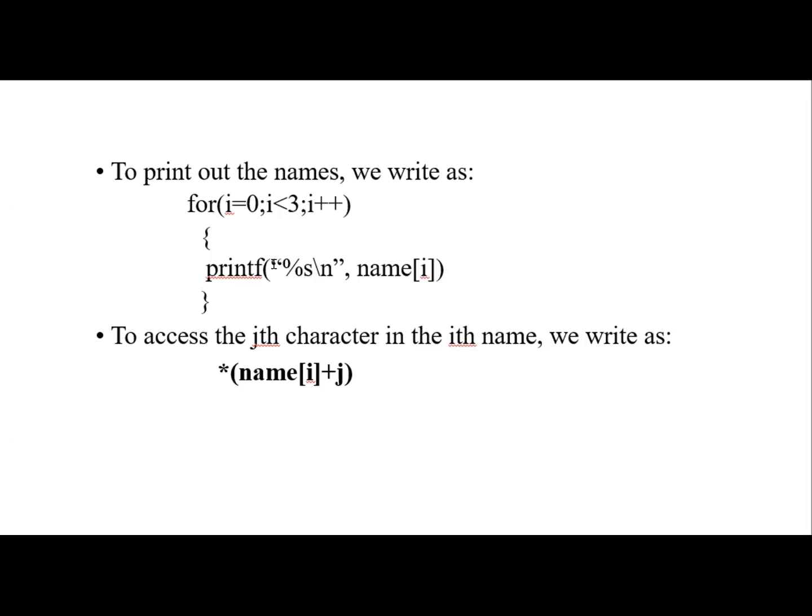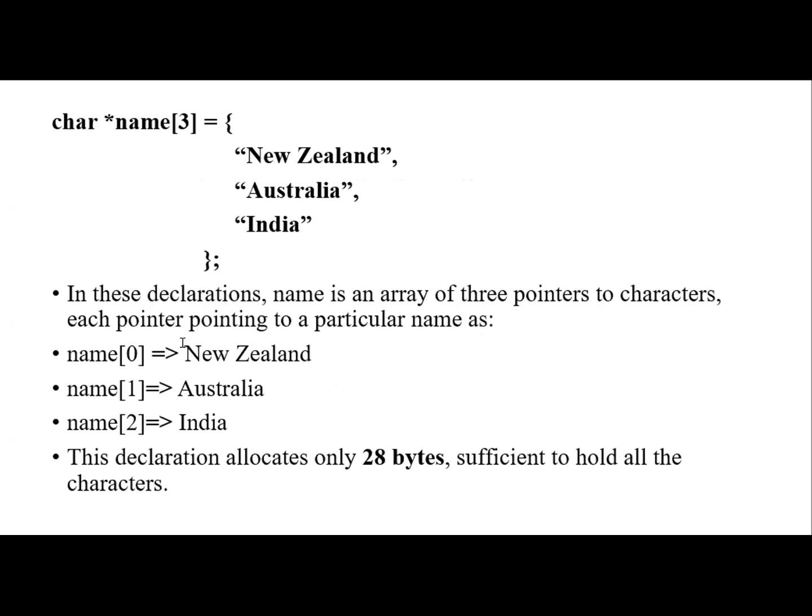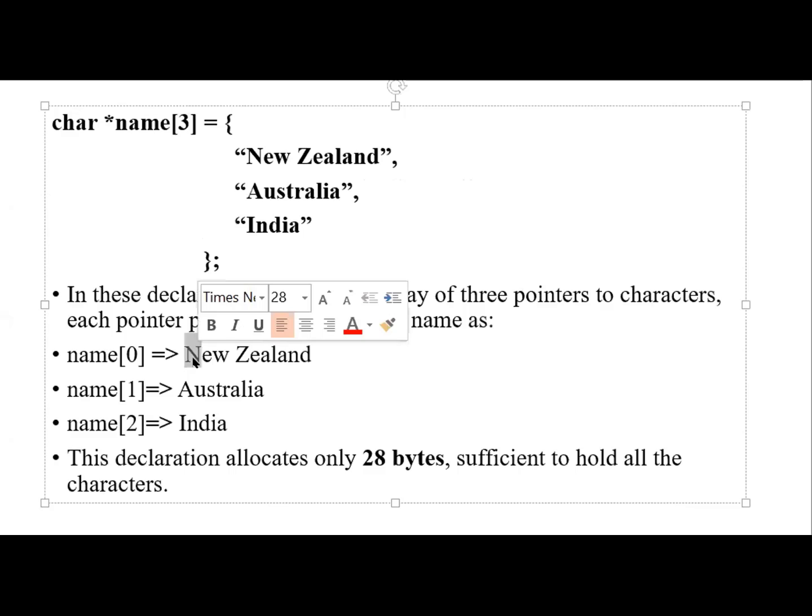Star name of i, that is the row, and then plus j is the column. So first row, first column, then E, first row, second column, and so on.